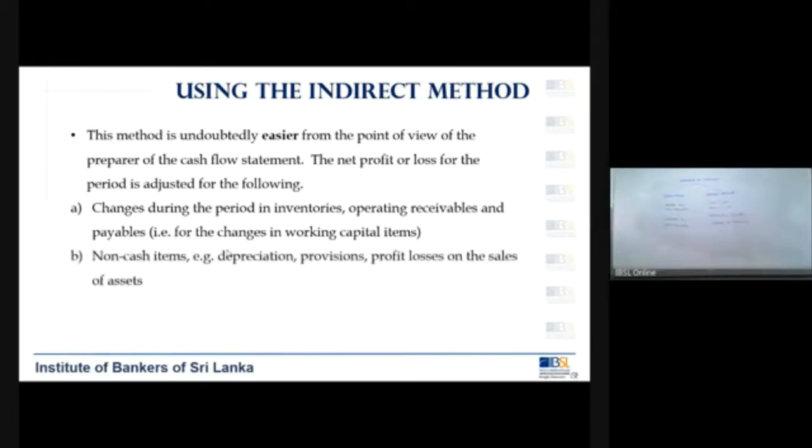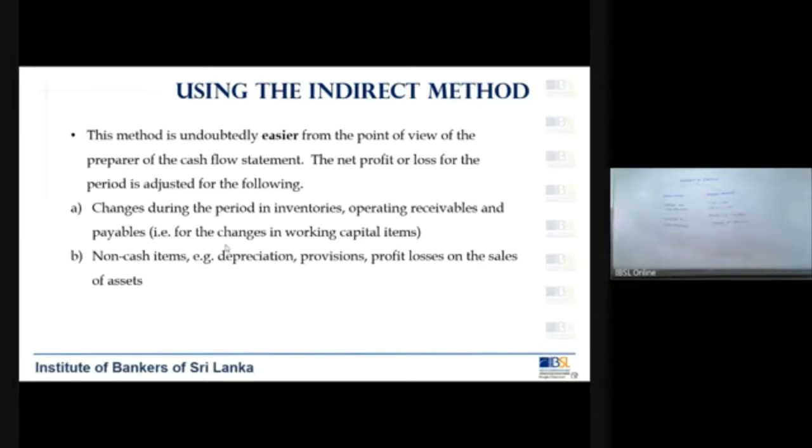Then you have to adjust for the non-cash items. What are the non-cash items? Obviously, you know, depreciation. When you do a depreciation, it is just a book entry. There is no cash involvement. When you do provisioning, there is no cash involvement.